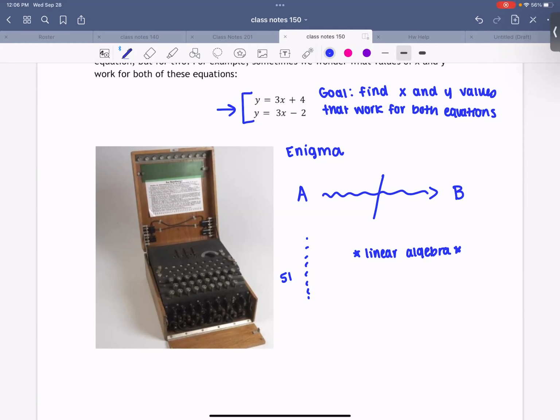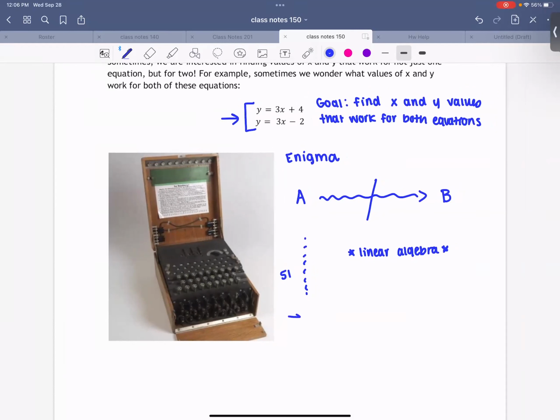Okay, now if you ever want more information about this, I suggest looking up Alan Turing. Okay, he was a British mathematician who worked with the Enigma. If you ever watched The Imitation Game, it kind of gives rise into how he did stuff. So that was happening in England. Back in the US, we had this guy named William Coffey.